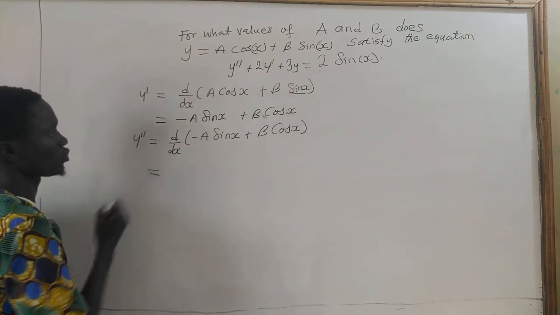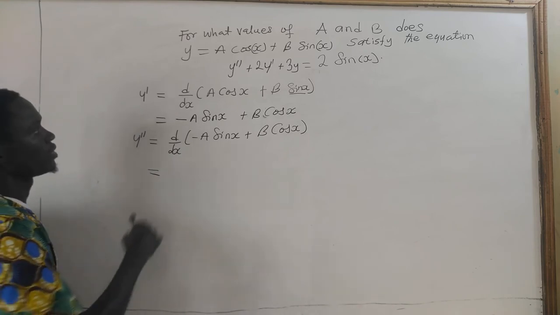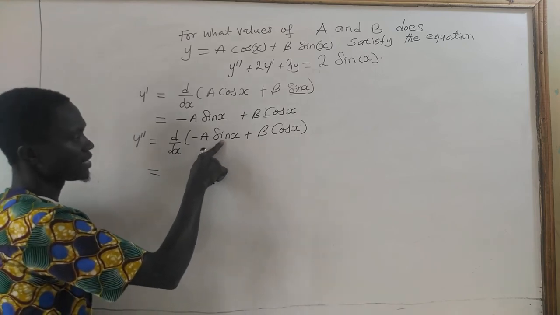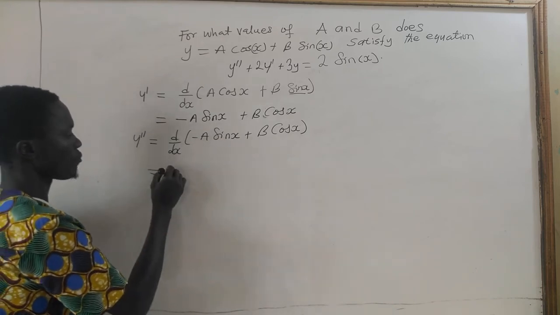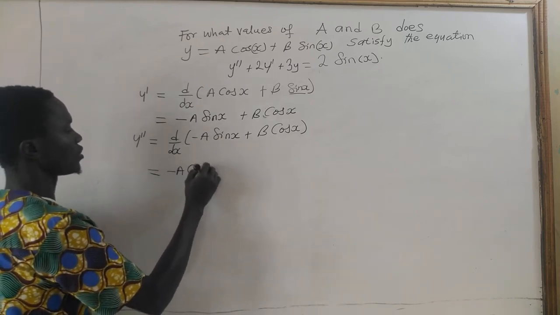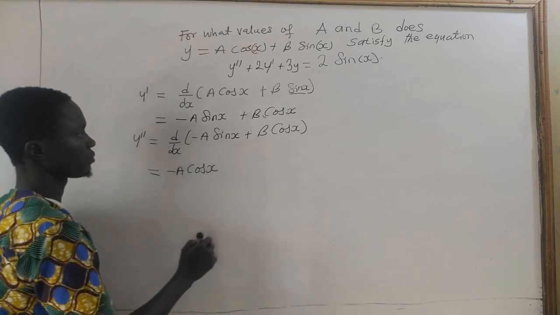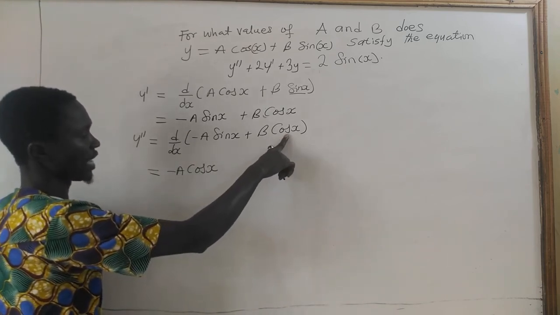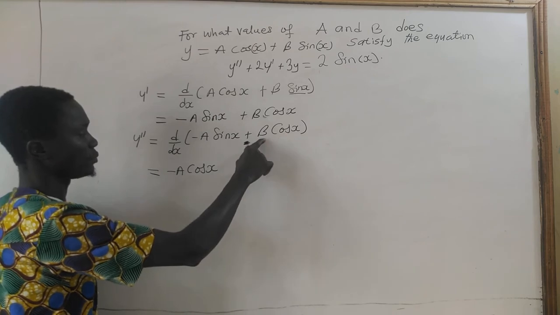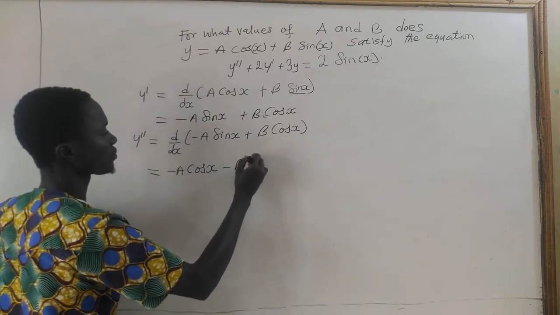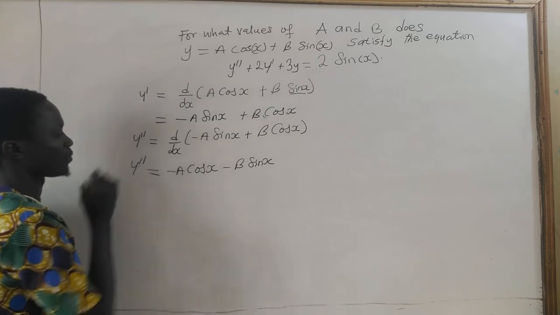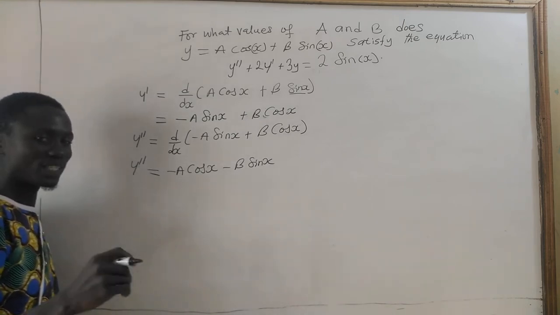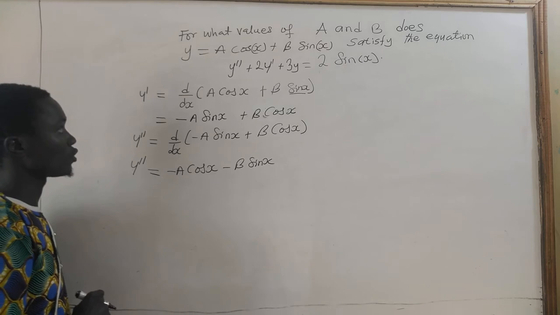Now this is equal to, if you differentiate sine of x, you get cosine of x times minus a, you get minus a cosine of x. If we differentiate cosine of x, we get negative sine of x times b will give us negative b sine of x as y prime prime. The question is a bit tricky, but simple to solve.